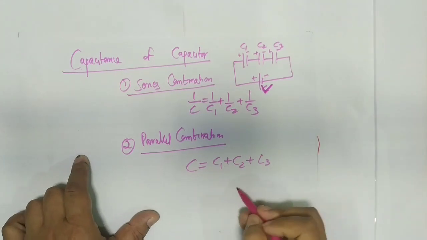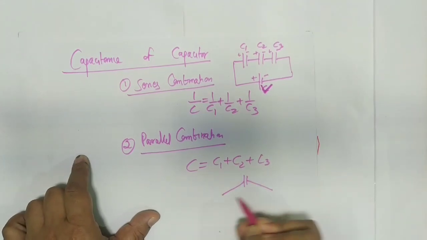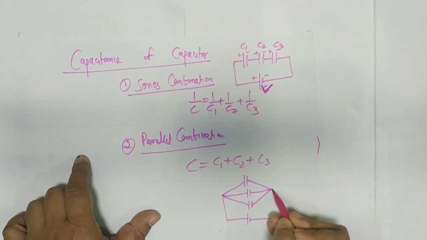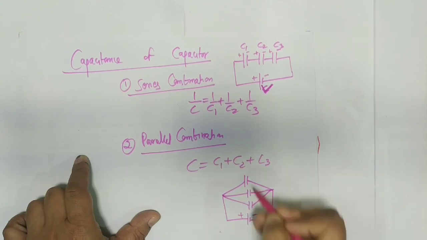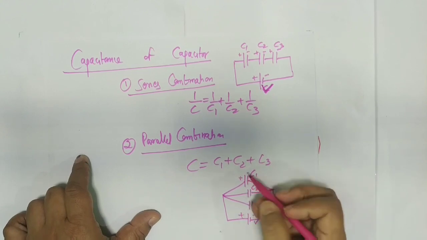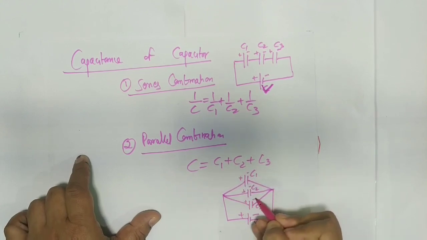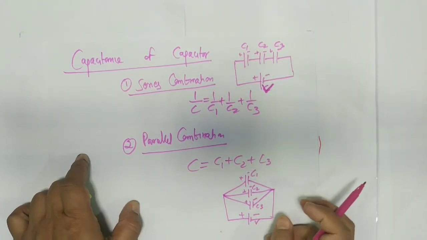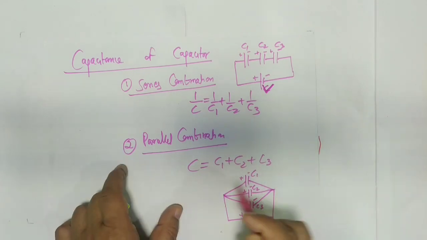And in parallel, they are connected like this, and there's a battery which is connected to this. So C1, C2, C3, this is plus, minus, plus, minus, plus, minus. But this time in series the charges are the same, in parallel the charges are different. So this is series and parallel.